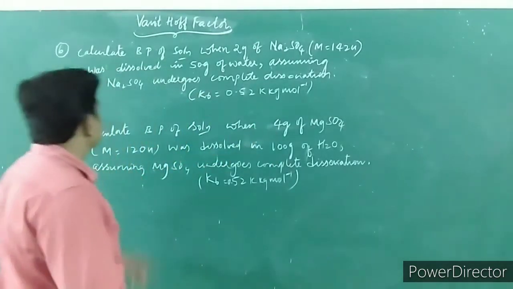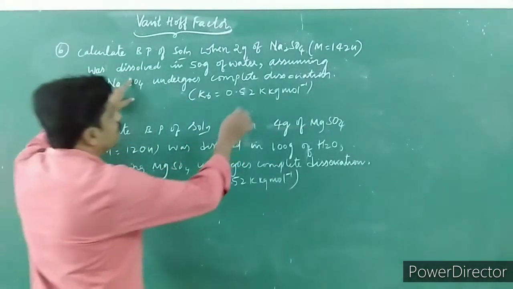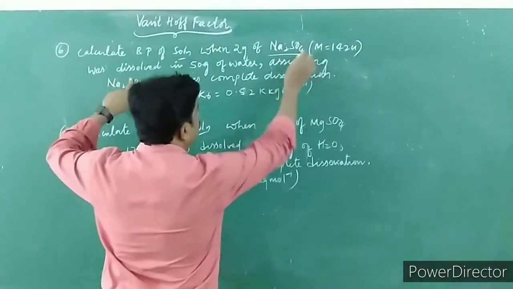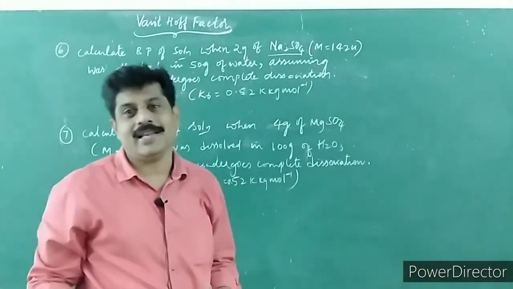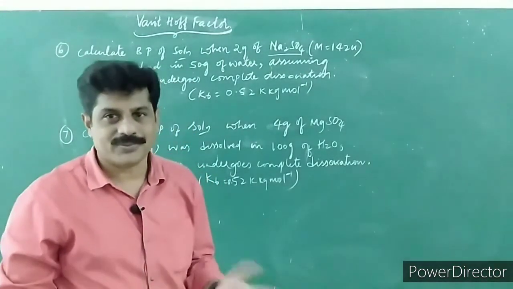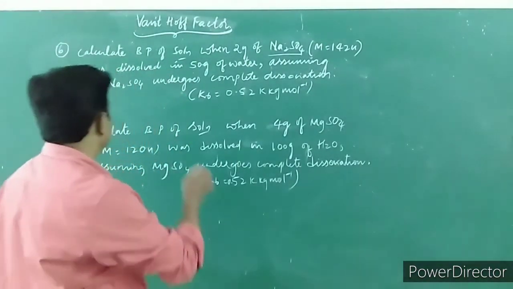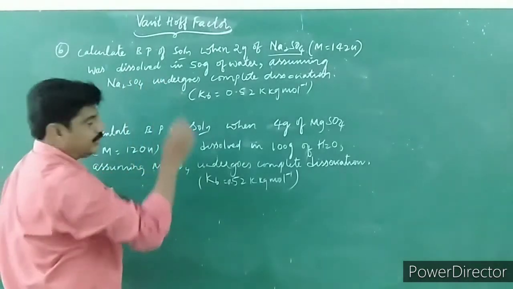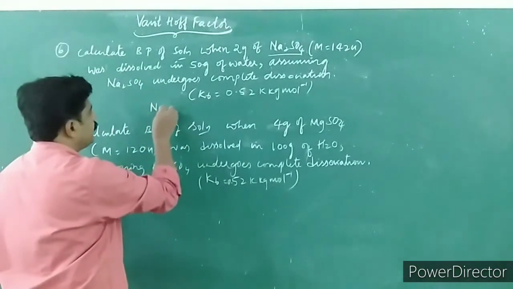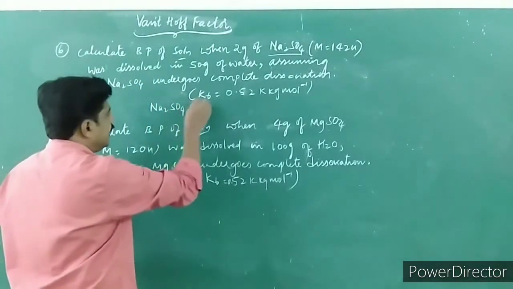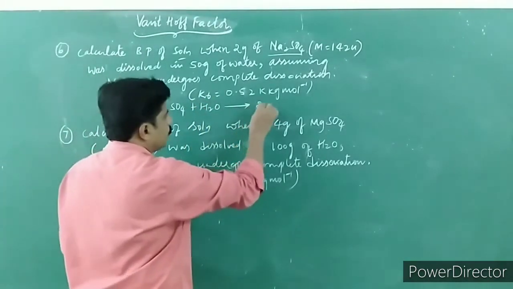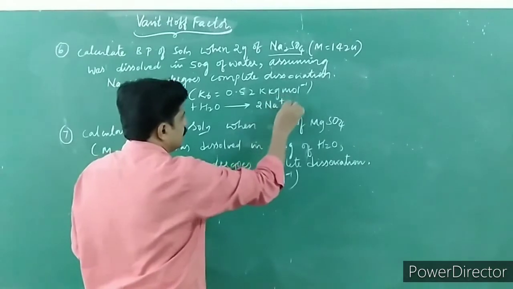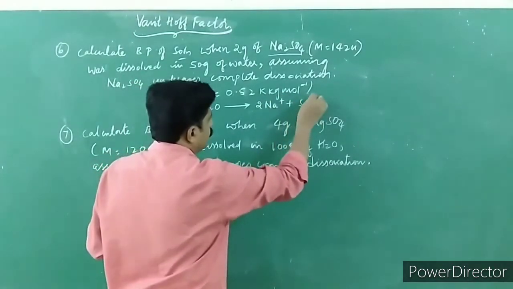Look at here. For this, you should know whether this salt undergoes dissociation or not. Children, sodium sulfate is an electrolyte. That means it undergoes dissociation. Let me find out i for you. Na2SO4, when it is added in water, forms 2 Na plus and SO4 2 minus.